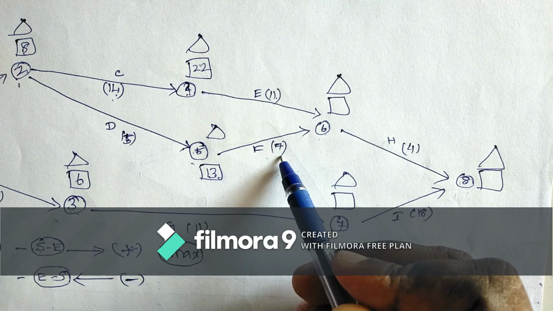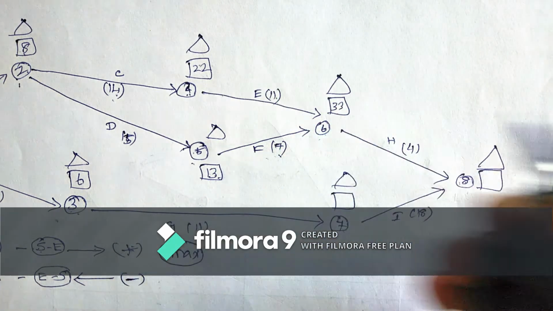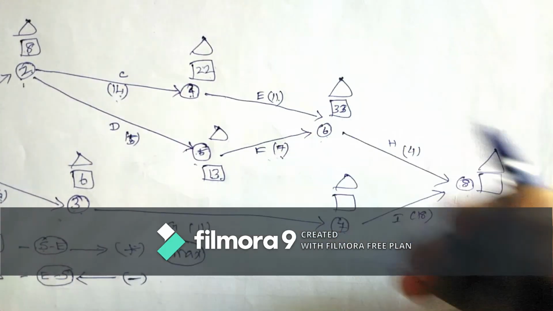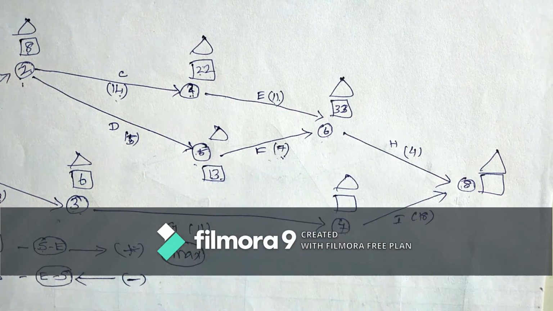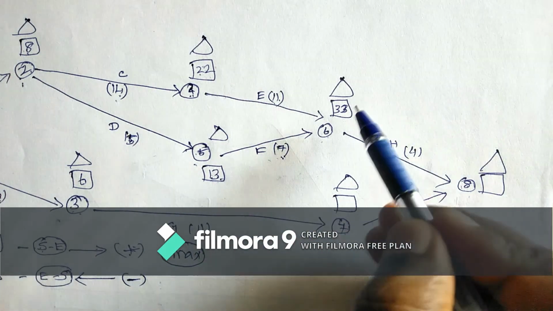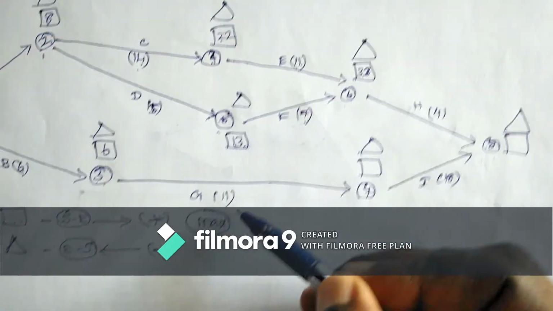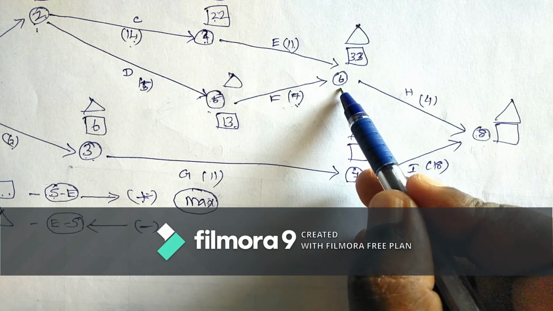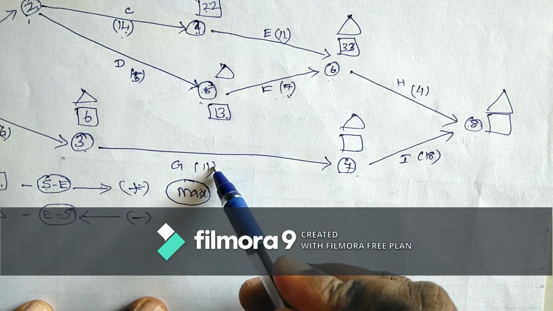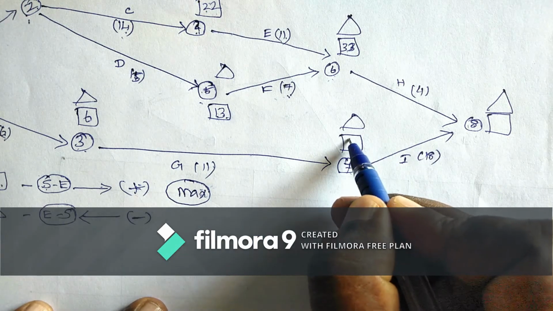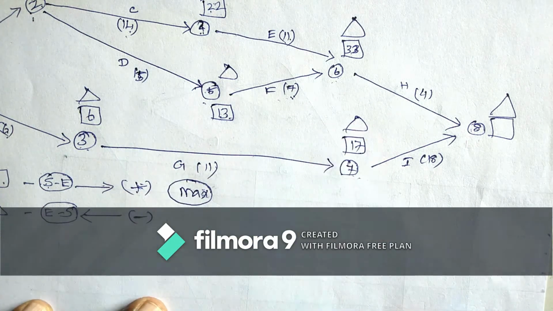So the maximum value is 33, because 22 plus 11 is 33, and 13 plus 7 is only 20. So maximum value 33. We have to pick the maximum value. Okay, sixth one over. Now the seventh one. Previous value 6, current value 11. So 6 plus 11, 17.